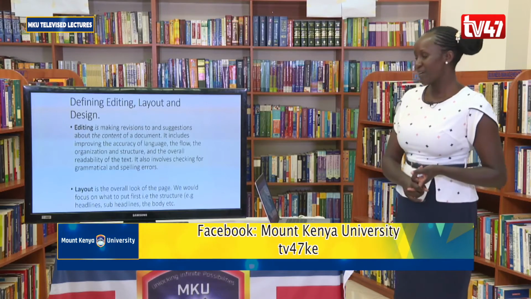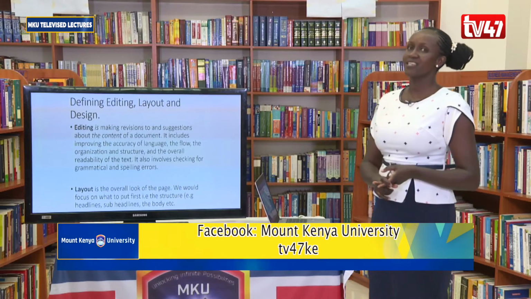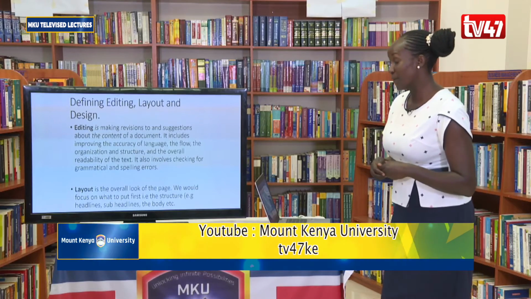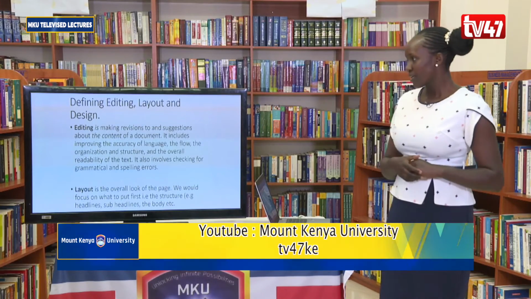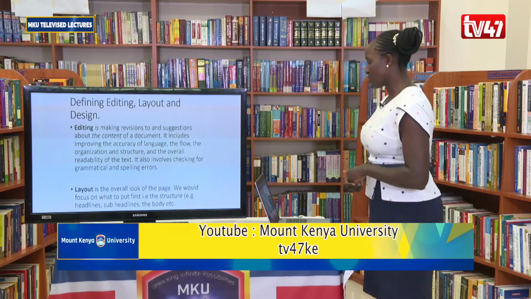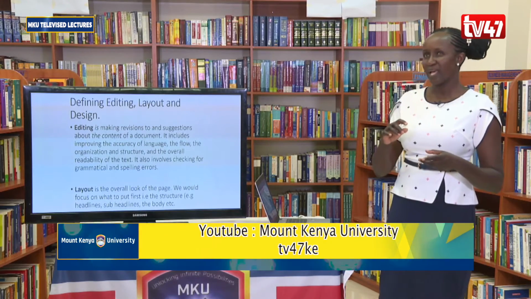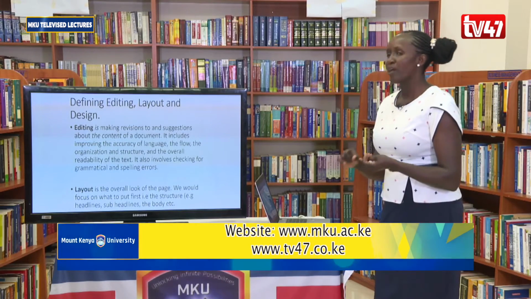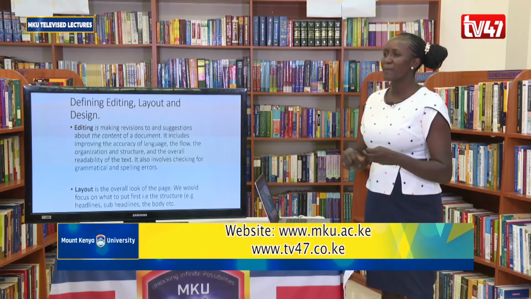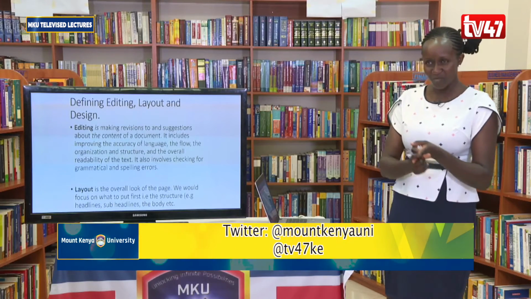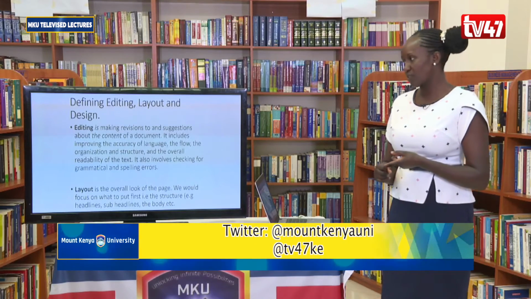So we'll start by defining what editing is, then look at what layout and design are about, and move on from there. Editing is making revisions to the contents of a document, the contents of a story, where you correct not only the grammar and spelling mistakes, but you also see whether the content is applicable to your target audience.